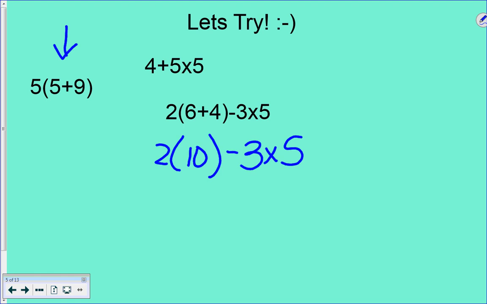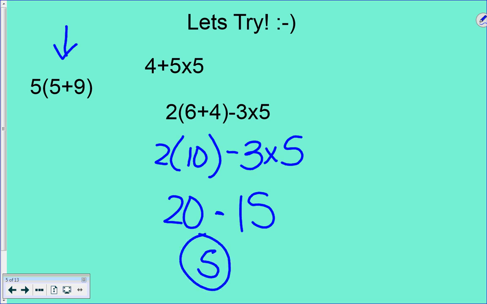Now what am I going to do? Olivia? I can do either one first, can't I? They're both multiplication, so we're going to do both of them. So this is going to be 20 minus 15. Now I only have one thing left. And I'm subtracting, I get 5.